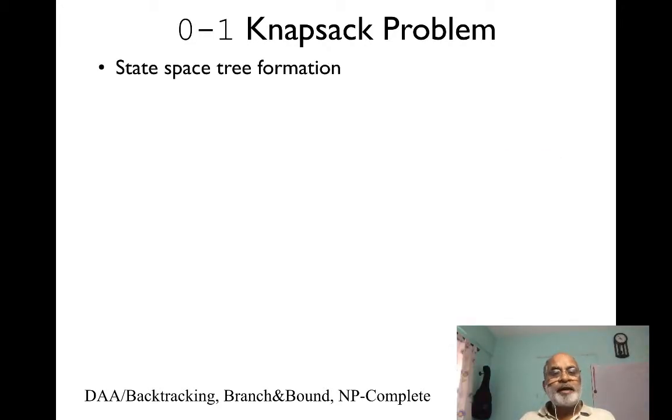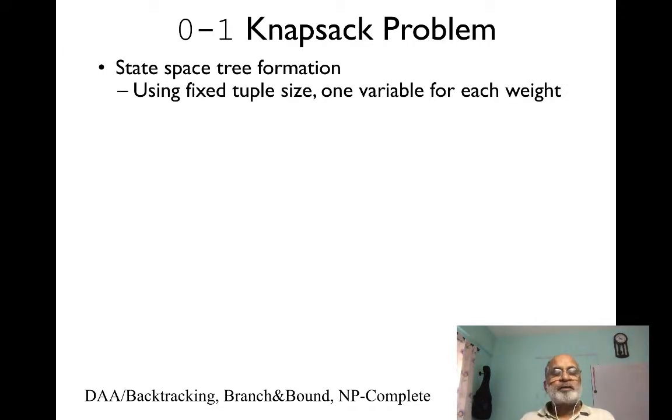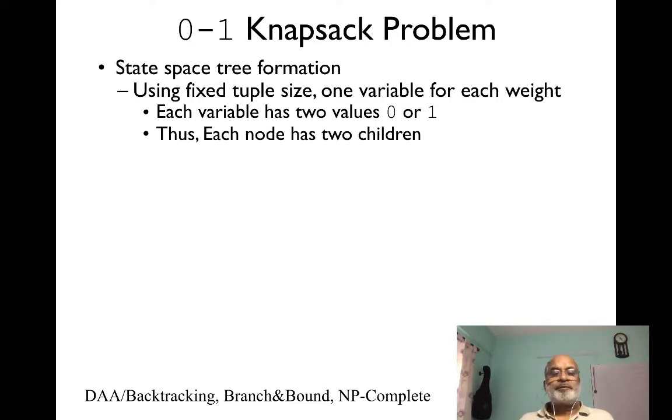How do we form the state space tree, and how do we explore it? We'll say fixed tuple size. That means for each element, we'll have a tuple variable. So for the ith weight, we'll have a variable xi whose value can be either 0 or 1. When going from one variable to the next one, we take the next weight.